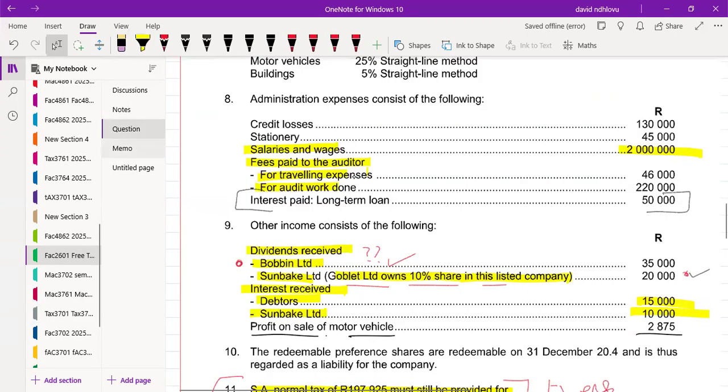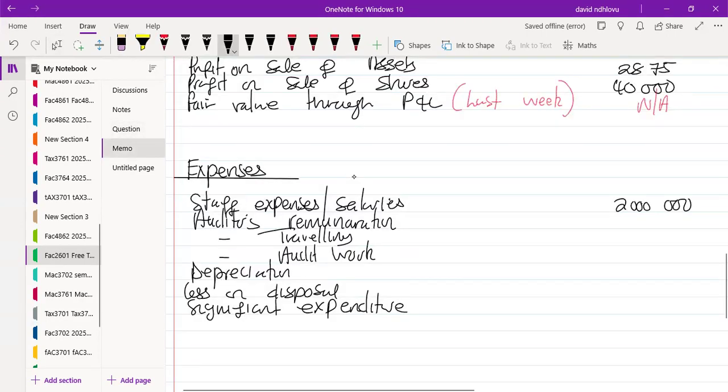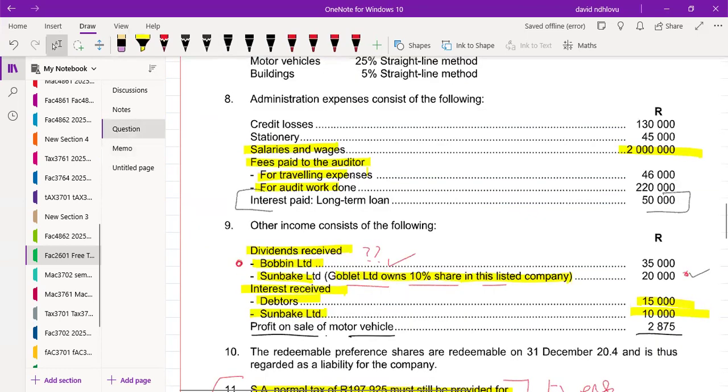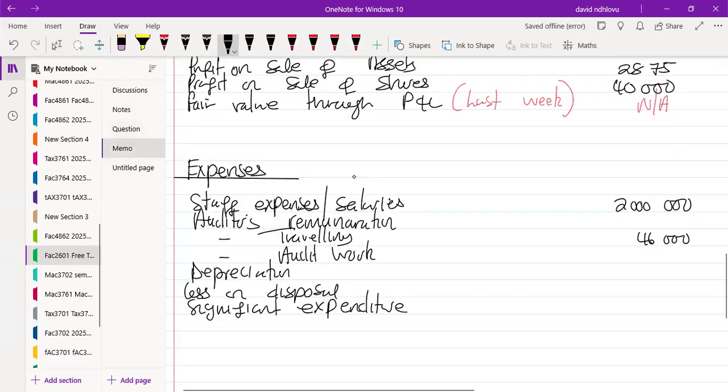For traveling, 46,000, you highlight the 46,000. And then also 220,000 for the work done. Then you add the two, and you are sitting on 246,000 all in all.